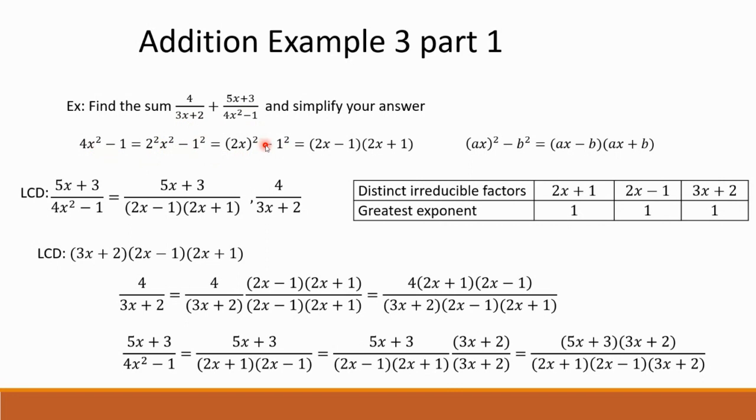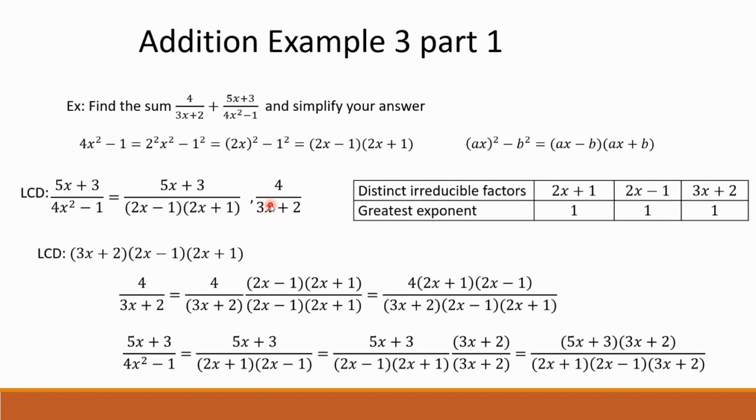This is a difference of 2 squares, ax squared minus b squared. So this becomes 2x minus 1 times 2x plus 1. So we could factor 4x squared minus 1 as 2x minus 1 times 2x plus 1. So we factored this denominator.